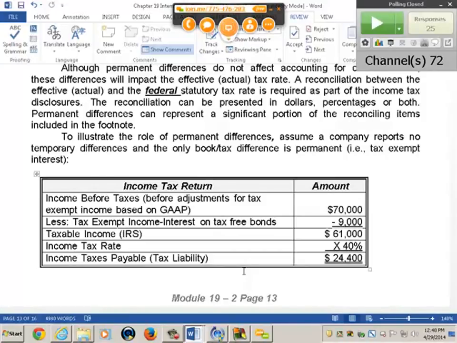Now, if I wanted to build the deferred provision, the tax provision, income tax expense, this is the change, obviously, in income tax payable, not the balance, plus or minus the deferred provision, that's also the change in the deferred tax account.